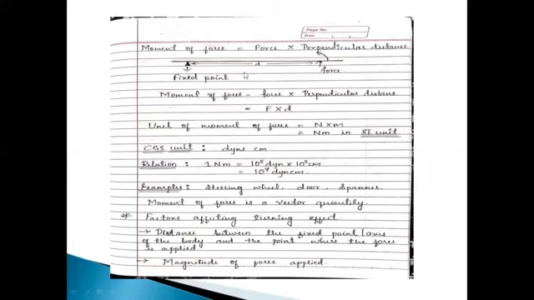Second one, magnitude of force. Moment of force depends upon force into perpendicular distance. We know that as the distance increases, moment of force increases. Here also, as the force increases, moment of force increases. Okay, so there are two factors which are affecting turning effect. One is the perpendicular distance and the second one is the magnitude, the amount of force which you are applying.